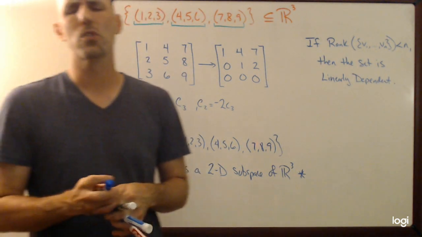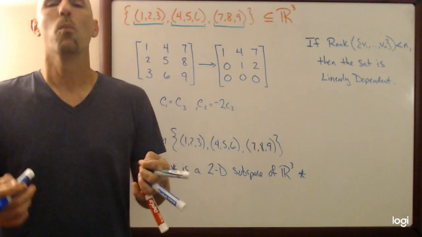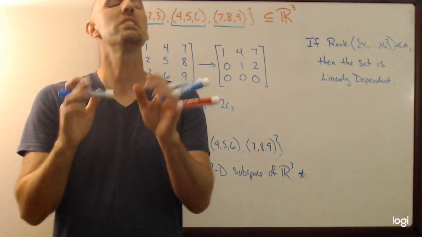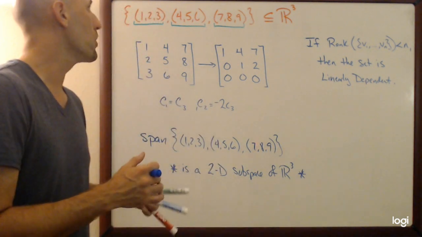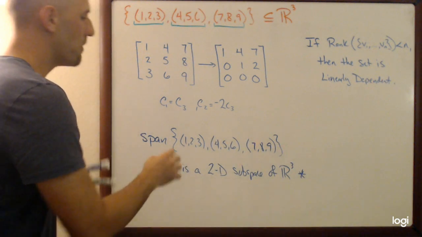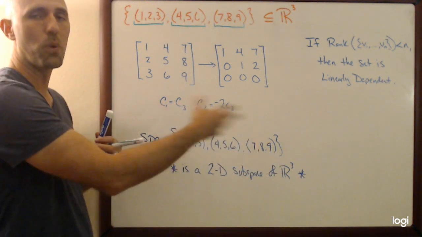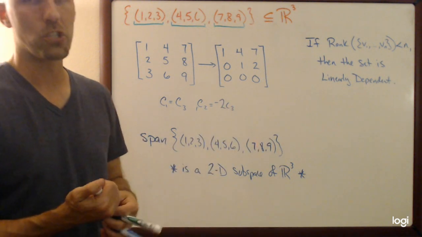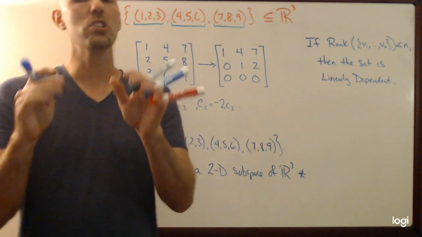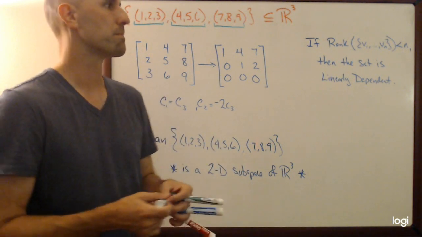The next logical question some students ask is, which one is superfluous? Which one can I do without? In this particular case, you can actually throw out any one of these and it would be fine. The span of these 3 is equivalent to the span of any 2 of them that you would possibly choose. Now that's not true in general, but it is true in this particular case.